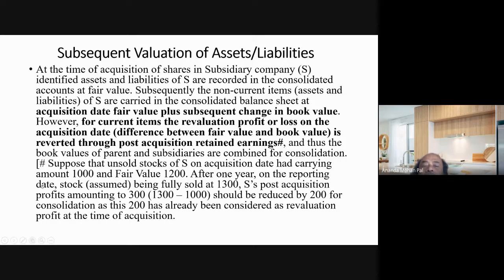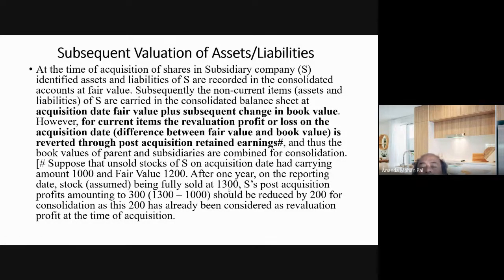Suppose unsold stocks of the subsidiary on the acquisition date had a carrying amount of rupees 1,000 and fair value of 1,200. After 1 year, on the reporting date, it is assumed to be fully sold at 1,300.